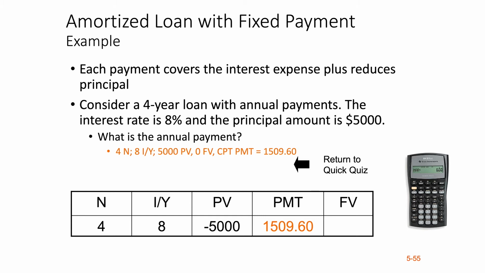That one we call an amortized loan. Amortization is the depreciation of a financial asset, like a loan you write off. In an amortized loan with a fixed payment, each payment covers the interest expense plus reduces principal.